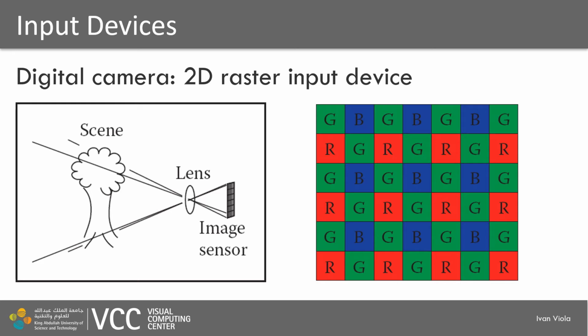This process is called demosaicing, and one needs to keep in mind that even if the resolution of such a sensor would be very high, its real resolution in terms of color, RGB triplet, will be lower.